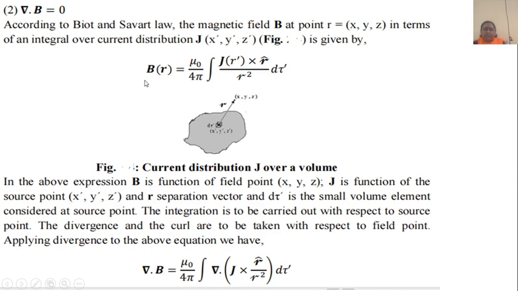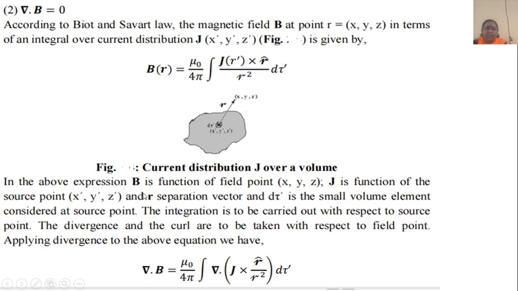According to Biot and Savart law, B(r) equal to mu 0 upon 4 pi integral J(r dash) cross r cap upon r square into d tau dash.